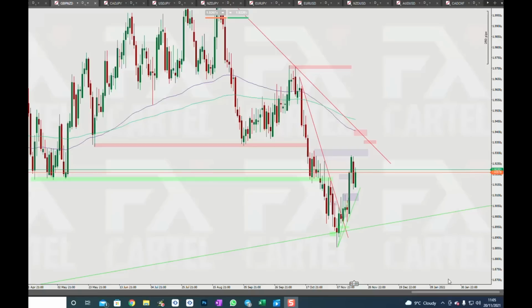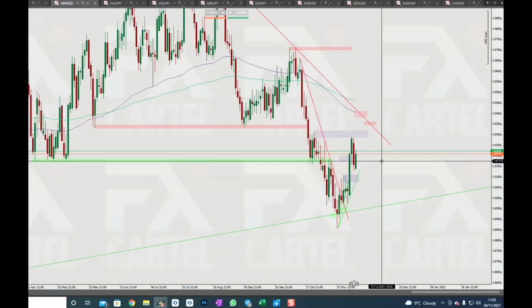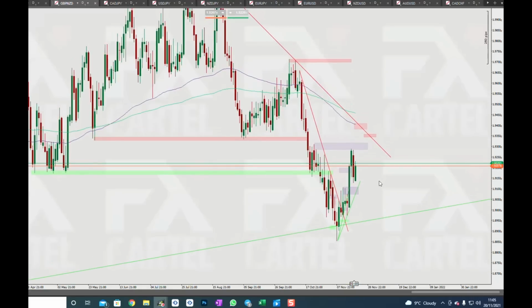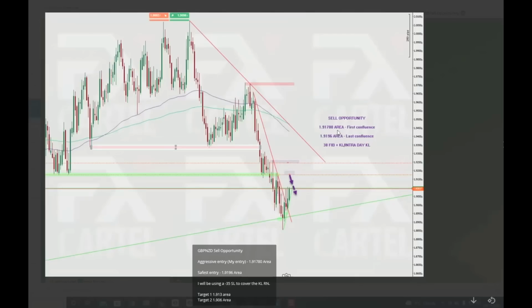But we did manage to bank some pips, so I'll show you how we got on. I think the last recorded video we were looking at GBP NZD, this area here. So it was this one here, 1.91780. I actually set that the morning before I left to go to the trading floor.